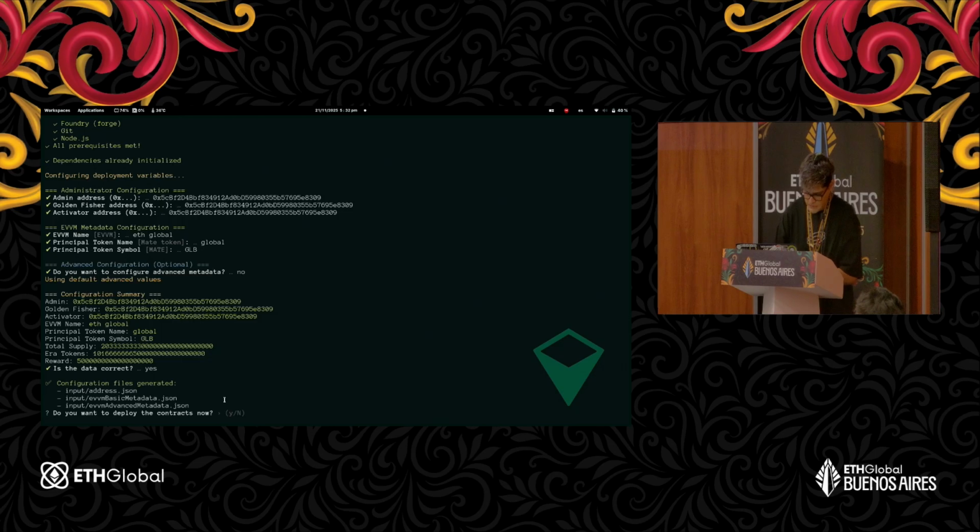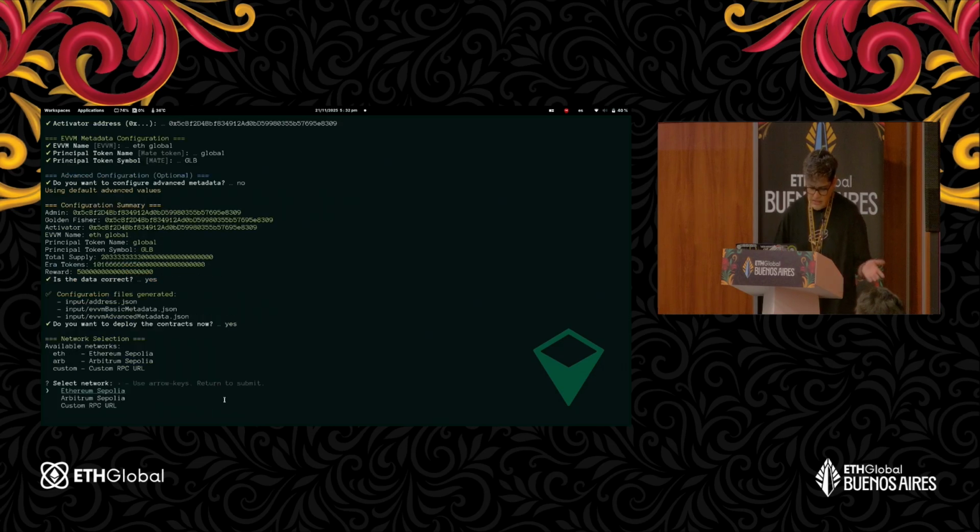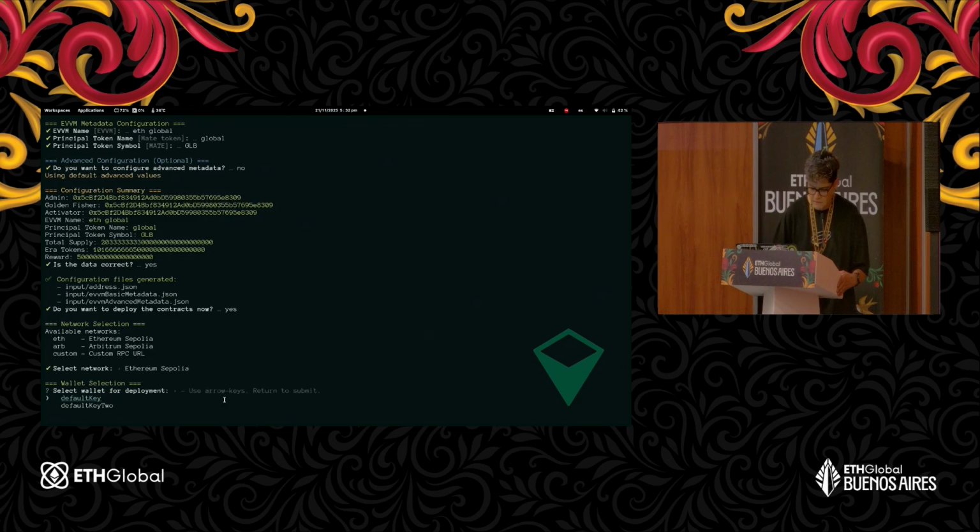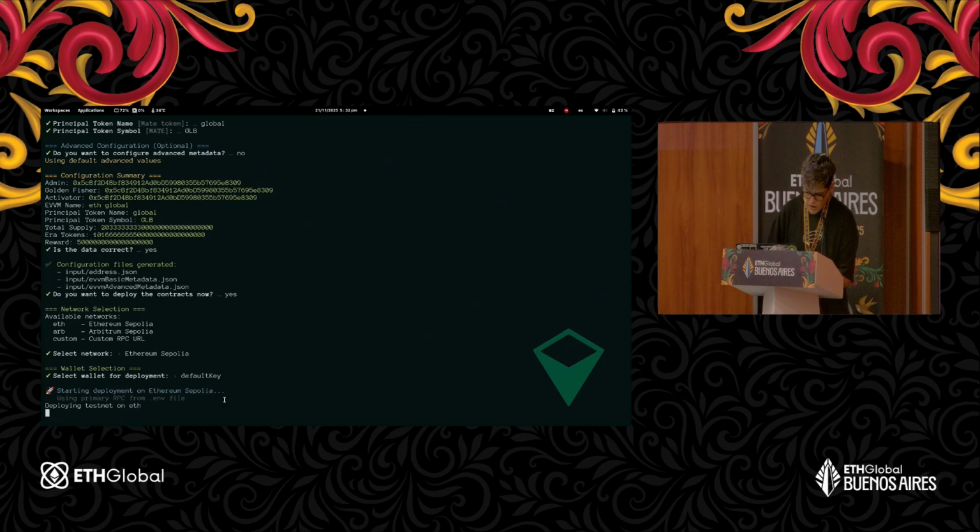Press yes again, select your network. In this case, you can put Ethereum Sepolia or Arbitrum Sepolia, but you can add your own custom RPC, so you can deploy everywhere. In this example, we're gonna deploy on Ethereum Sepolia. They ask about our wallet.